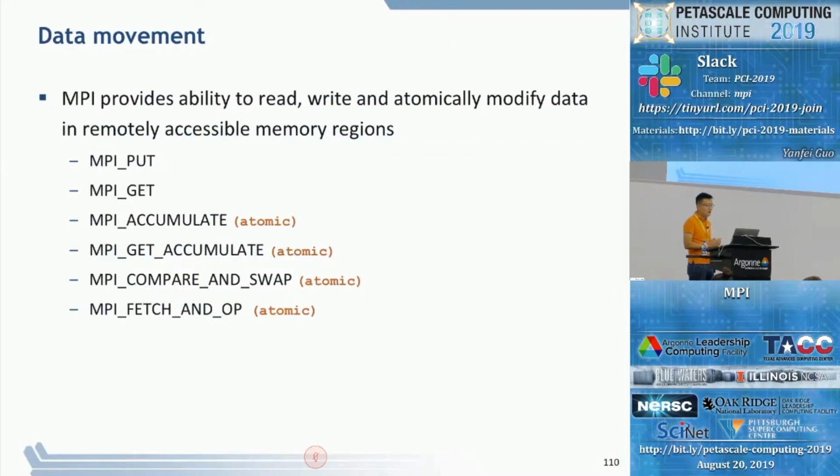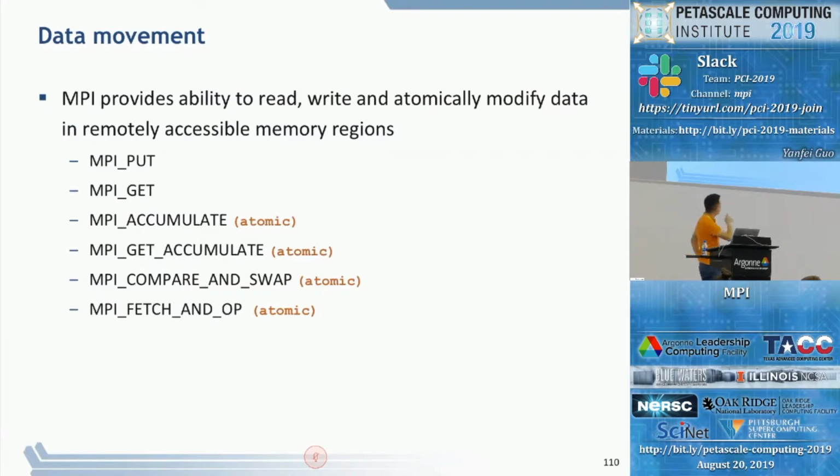Okay. So the next thing is I should skip. Next we're going to talk about the data movement. In this talk, we're going to cover these 6 data movement operations. Basically, this is how you read, write, and do operations on the remote memory buffer.